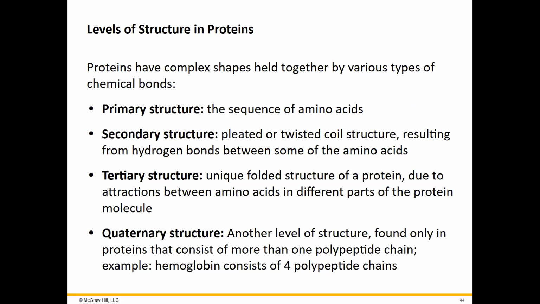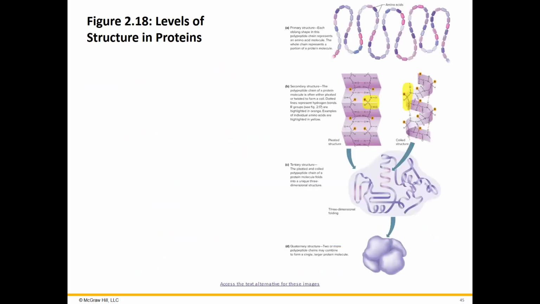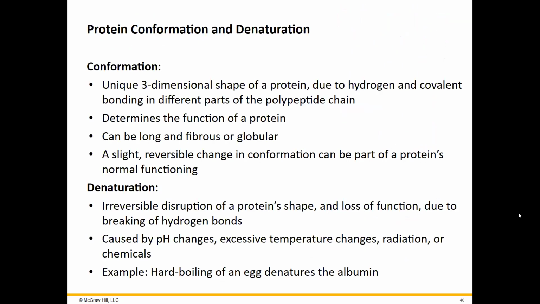It could be tertiary, where it uniquely folds into a three-dimensional shape due to the attraction of the amino acids. Three-dimensional shape, that's tertiary, that's three. Or it could be quaternary. It could be multiple long chains all folded together. Each of these are different types of proteins with different structures. They're all proteins, but they all have different structures.